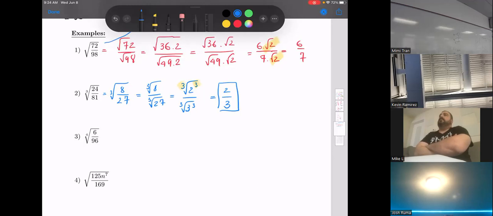Very good. One more step or two more. Almost. You can simplify the fourth root of 1.